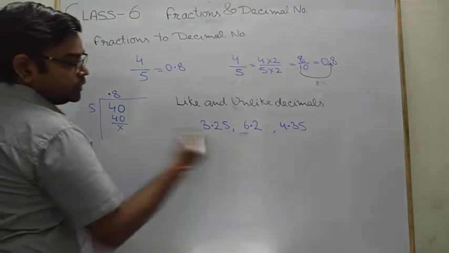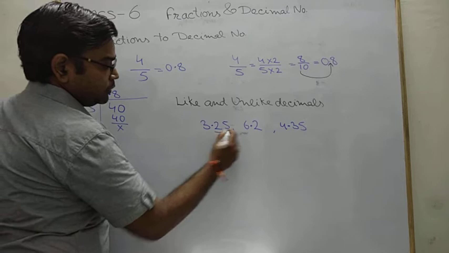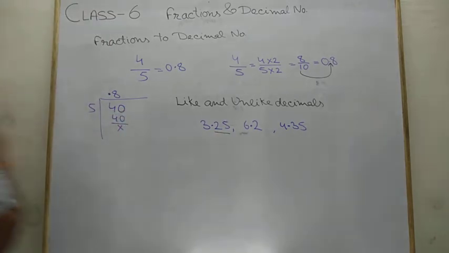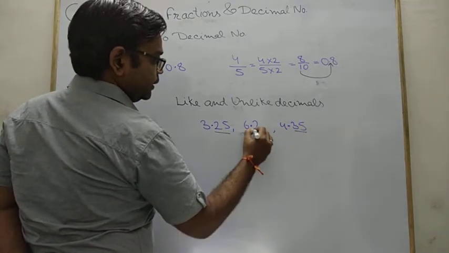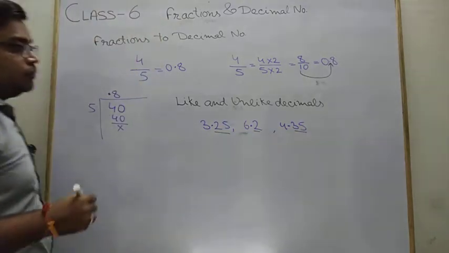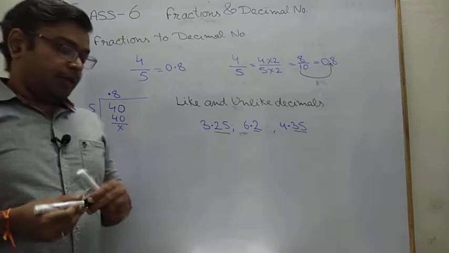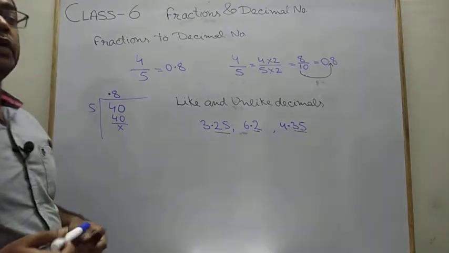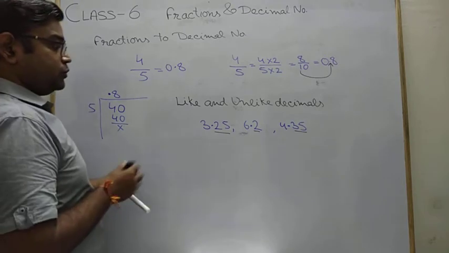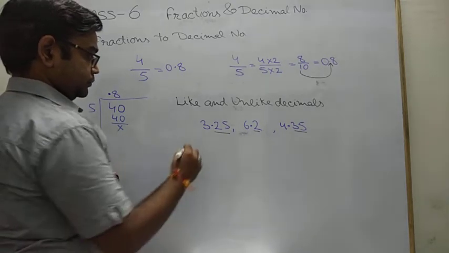Here we have two digits, these are 2 and 5. Then here we have two digits and here we have one digit. So in decimal places, if we have the same number of digits, then they are known as like decimals. So these two are like decimals.